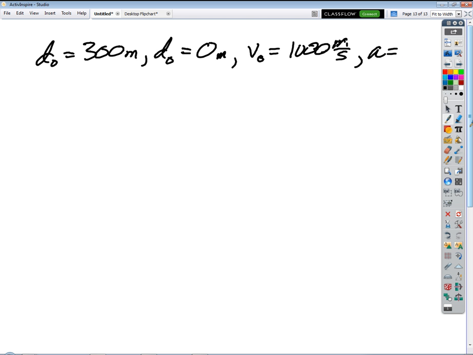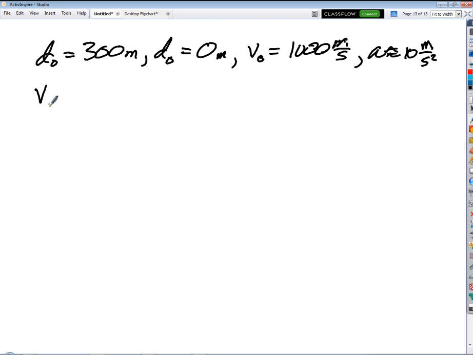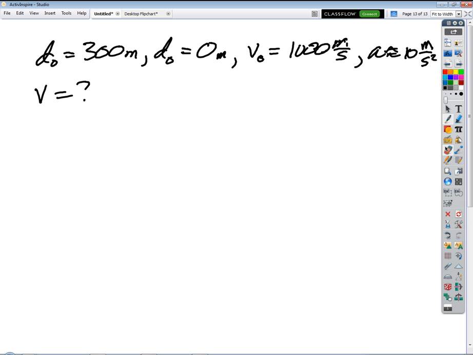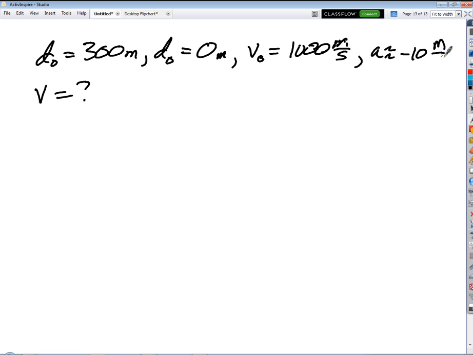Make things a little simpler. Is roughly equal to 10 meters per second squared. What is v final? Yep. Oh, negative 10. Yep, you're right. I gotta rewrite that anyway. That was so messy. So a is roughly equal to negative 10.